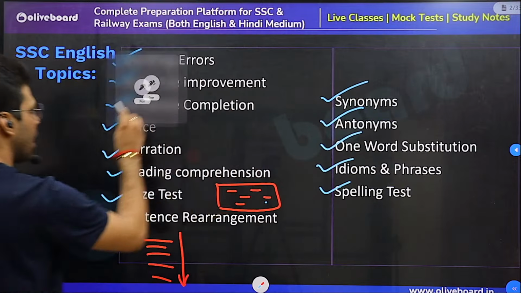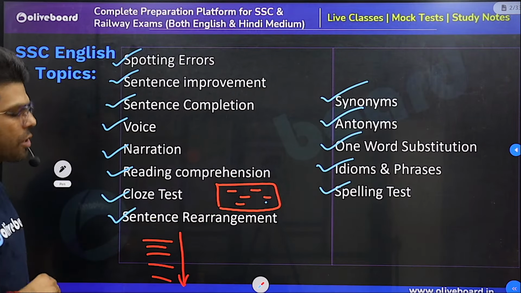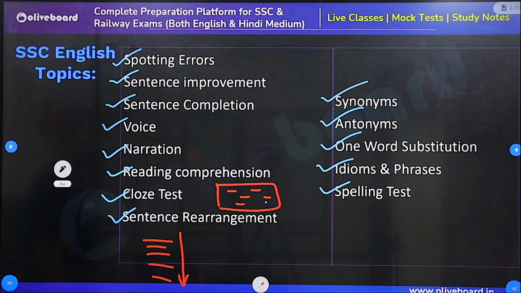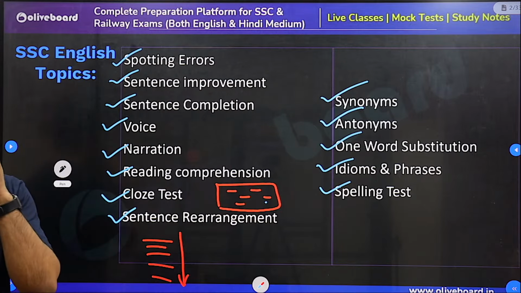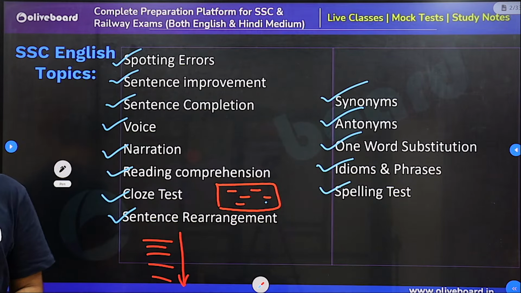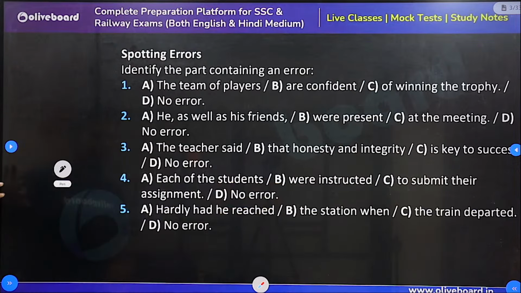I repeat, error detection, sentence improvement, fillers, voice, narration, apart from that RC, cloze test, parajumbles, sentence rearrangements, and vocabulary, particularly antonyms, synonyms, idiom phrases, one words, spell check. Let's start with the first one, error detection.